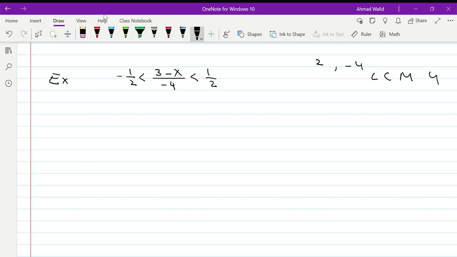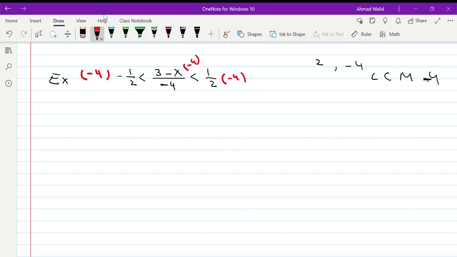You can multiply all sides with 4, but because you have a negative in the denominator, it's okay if you multiply with negative 4, but be careful with your rules or properties. I will multiply here with negative 4, here negative 4, and here negative 4.